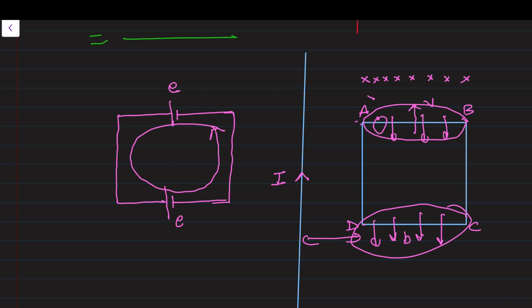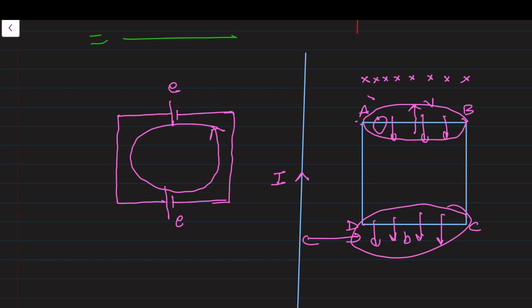Actually, with the help of this point, I want to tell you if the flux linked with a circuit is 0 or not varying, or there is no net cutting of flux linked with a circuit, then total EMF is 0. But it might be possible that EMF induced in different parts is non-zero.